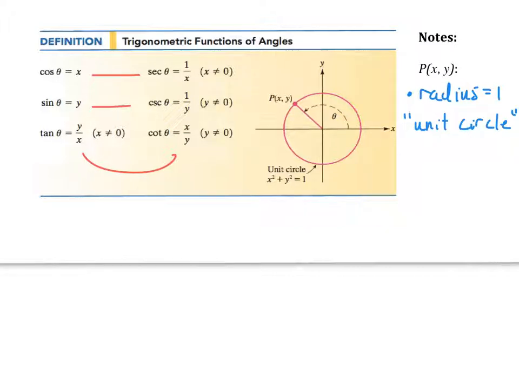Okay, and then when they talk about theta, that means they want to make sure you understand you're trying to find where the terminal side intersects the circle. Because that is important, because that gives us our x value and our y value.